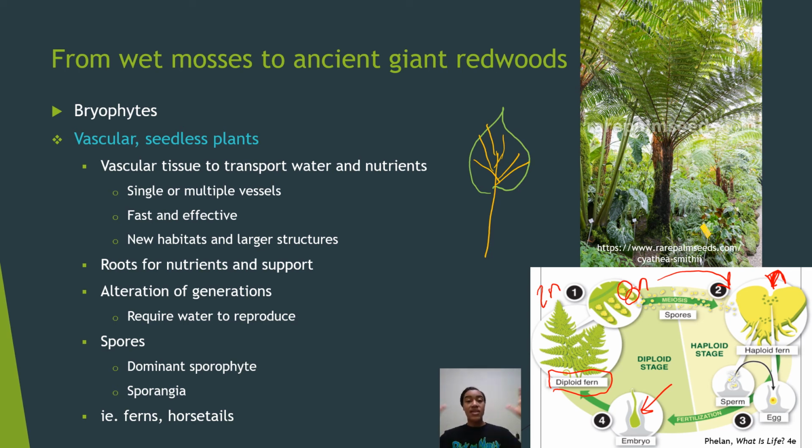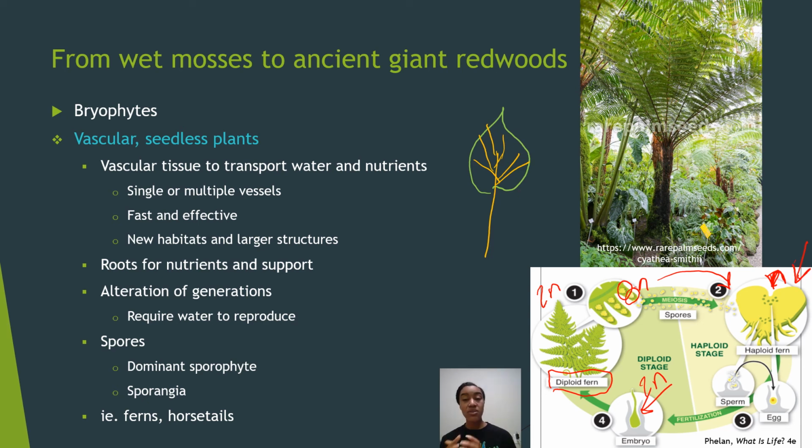And as that diploid zygote, so our 2N zygote, grows and develops, it'll eventually develop into a full-grown fern as we know it. So we have our diploid fern that we know of as a fern, which produces spores. Those spores are haploid, which will then go to soil and mature and form the gametophyte stage. So it's the haploid, the N stage, which looks like this heart structure.